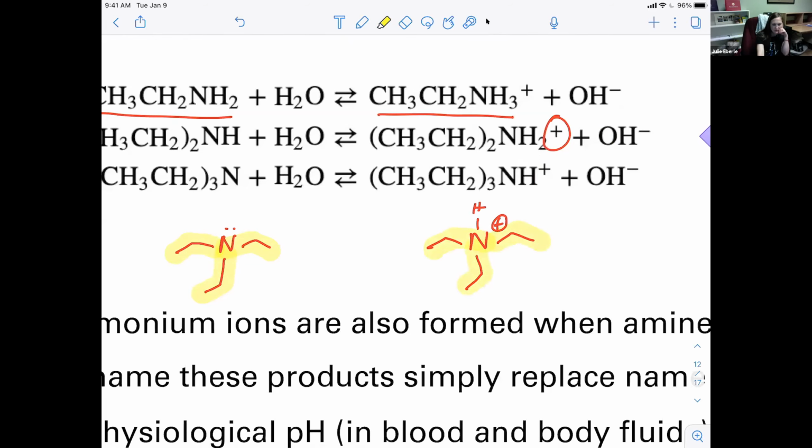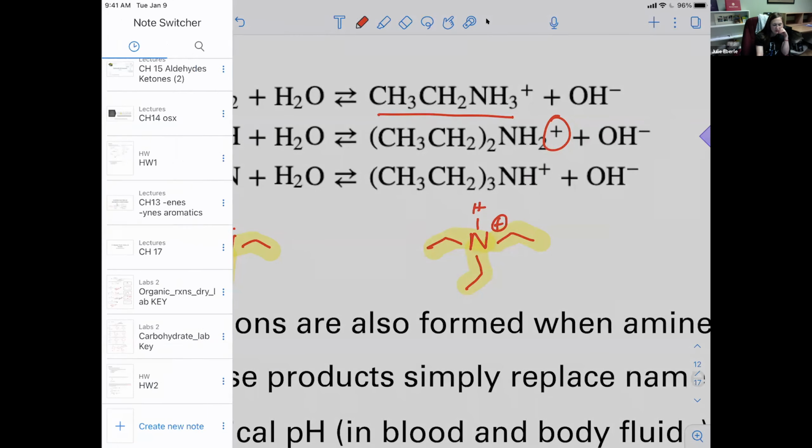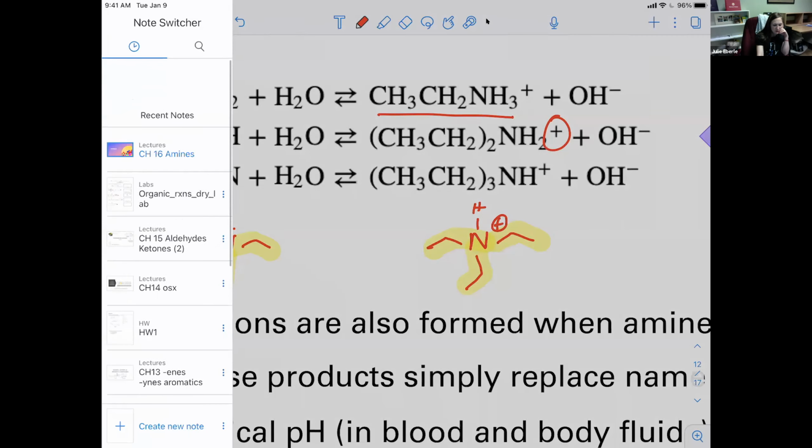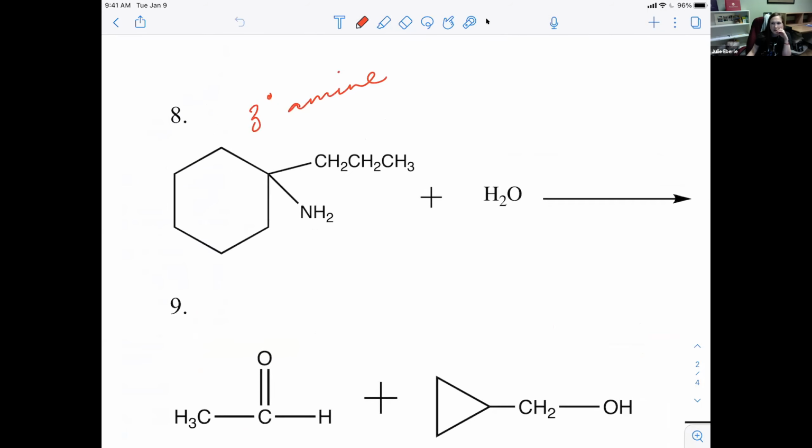So what do you think you should do to this tertiary amine? Well, you can't add that hydrogen on because then you'd have too many bonds. I think you can add it.